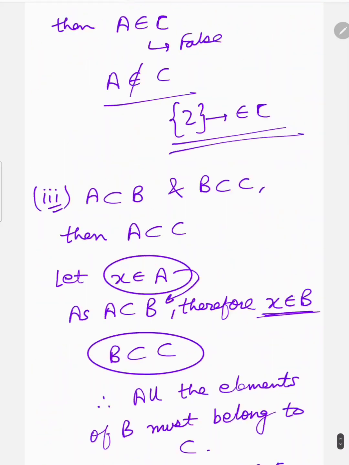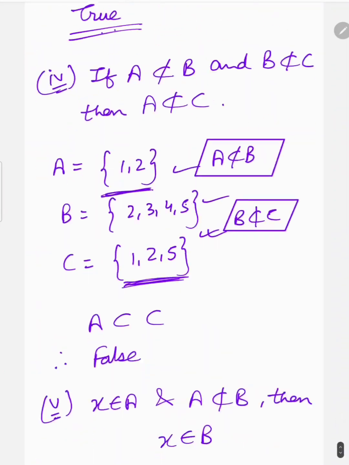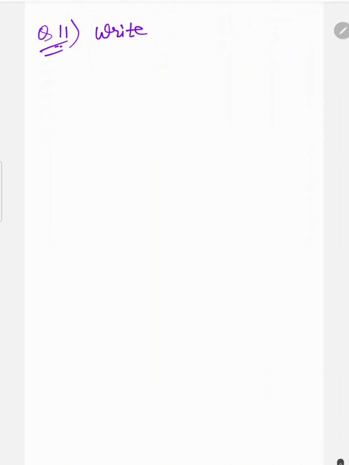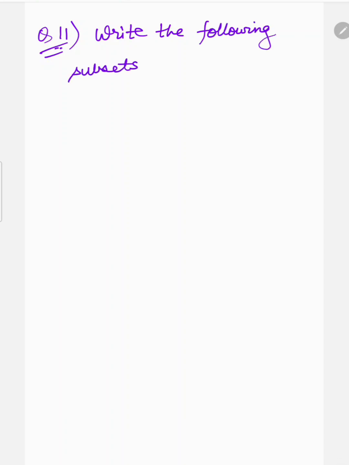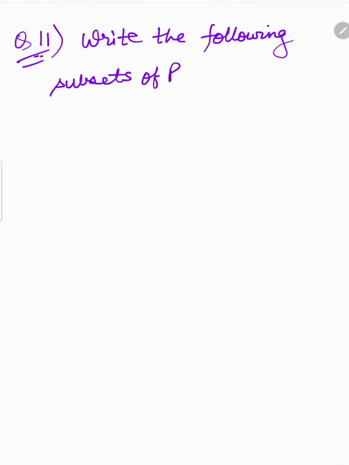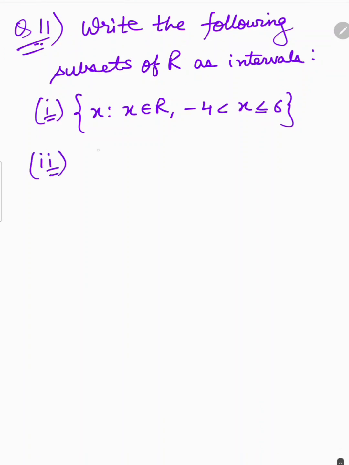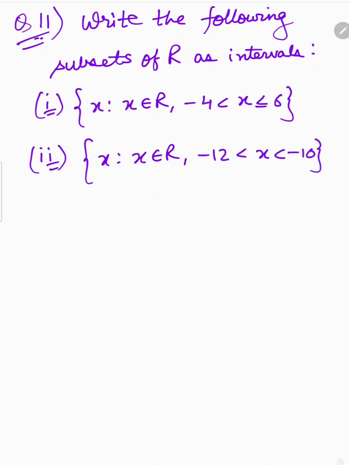Next question. The set of all x such that x belongs to real number and x lies between -4 to 6. x belongs to real number and x belongs to -12 to -10.